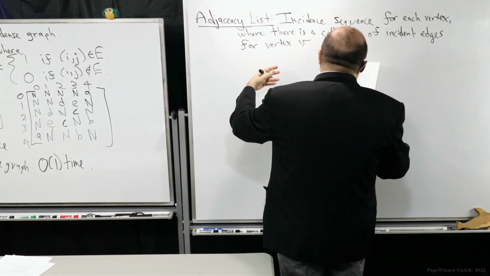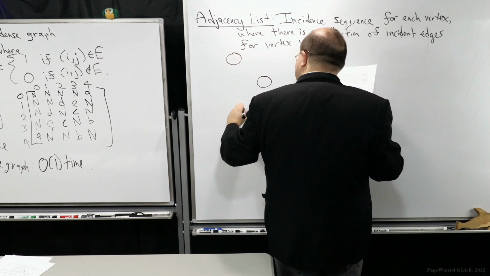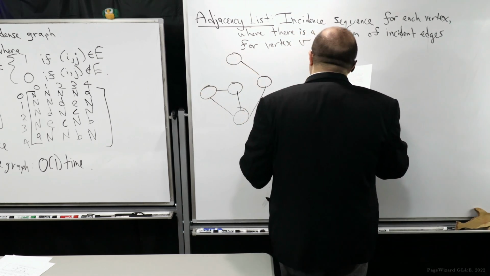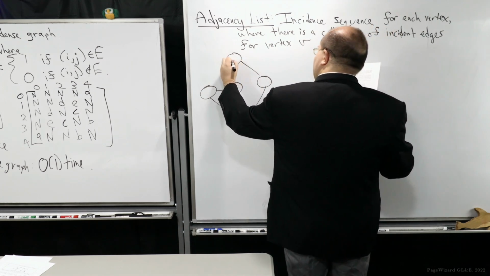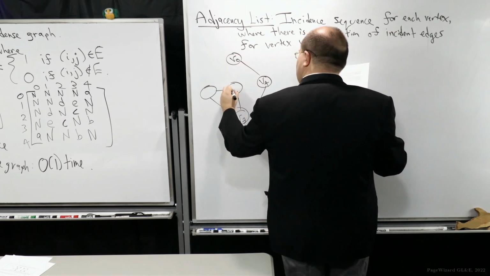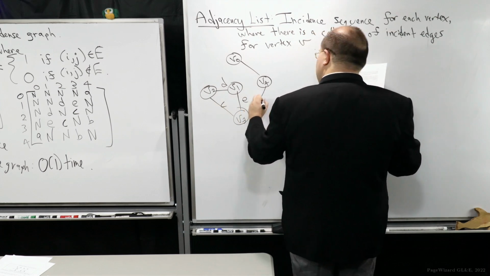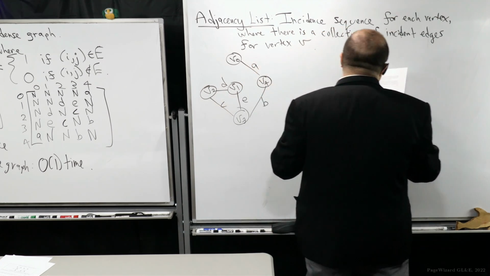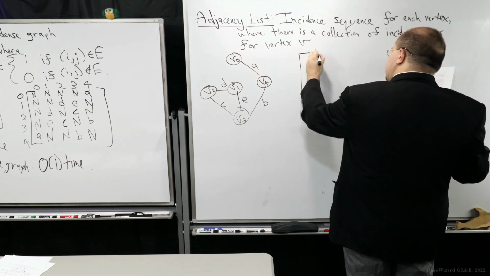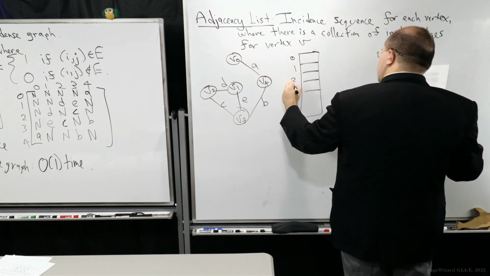Classically, you look at it like this. I'm going to use the same graph I had over there, just for the sake of consistency. So I'm going to have V0, V4, V3, V1, and V2, which are D, E, C, B, and A. Classically, it's represented as follows: 0, 1, 2, 3, 4.